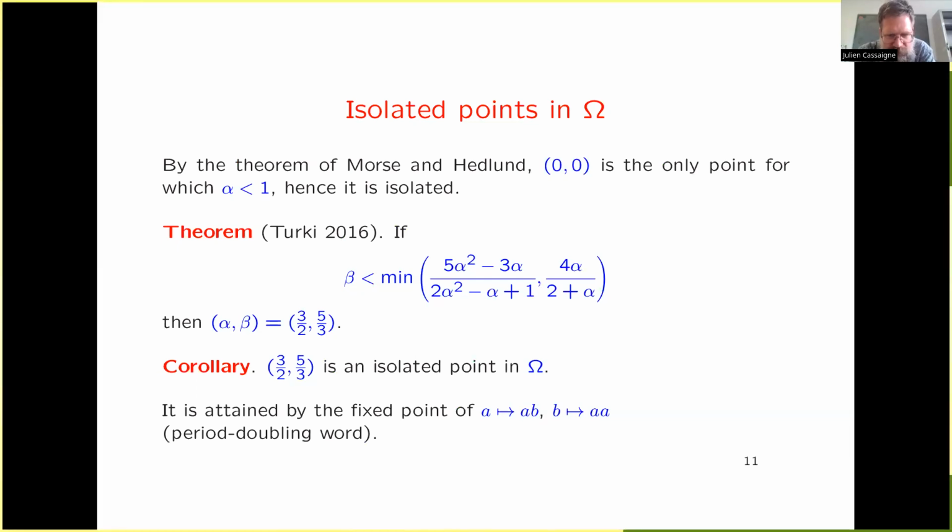I will give some of the tools to compute this. It's rather a long computation to obtain these formulas, so I will not explain in detail, but I can give some tools.